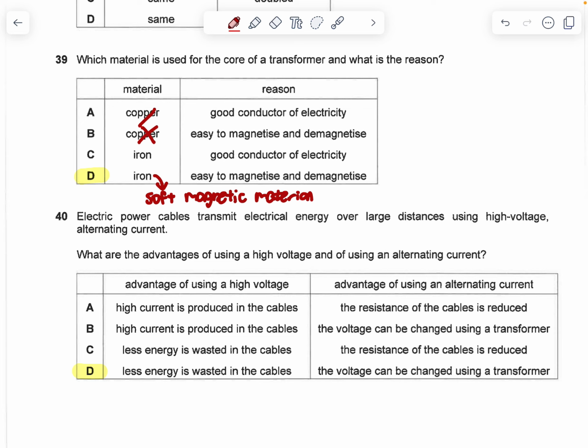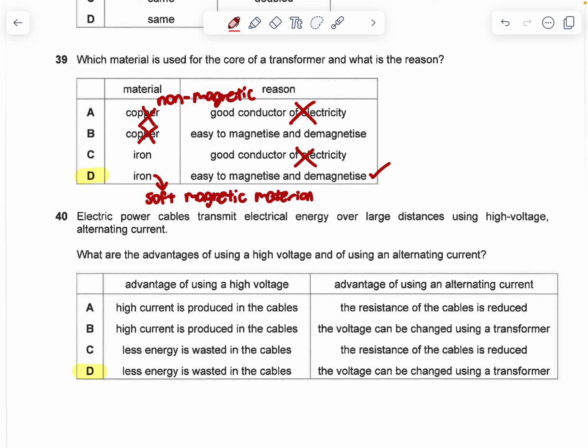So not copper, which is a non-magnetic material. In the transformer, the current doesn't flow in the core, only the magnetic field. So what we want is a soft magnetic material so it can easily magnetize and demagnetize.